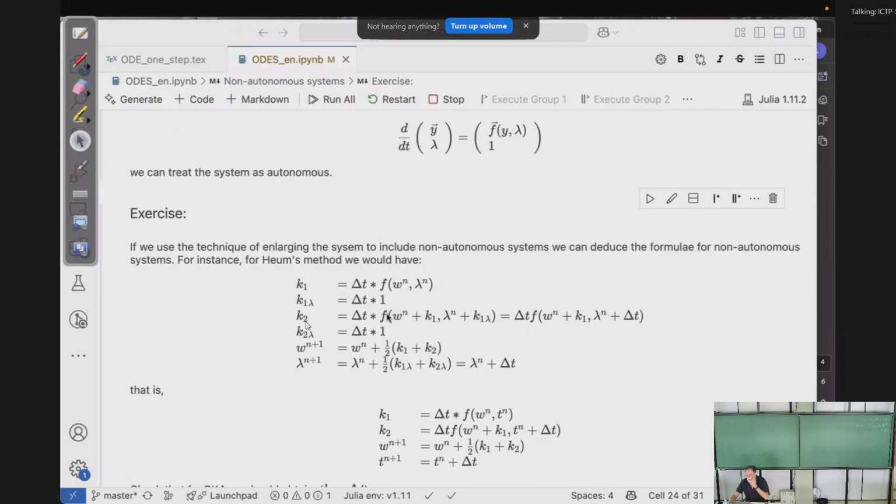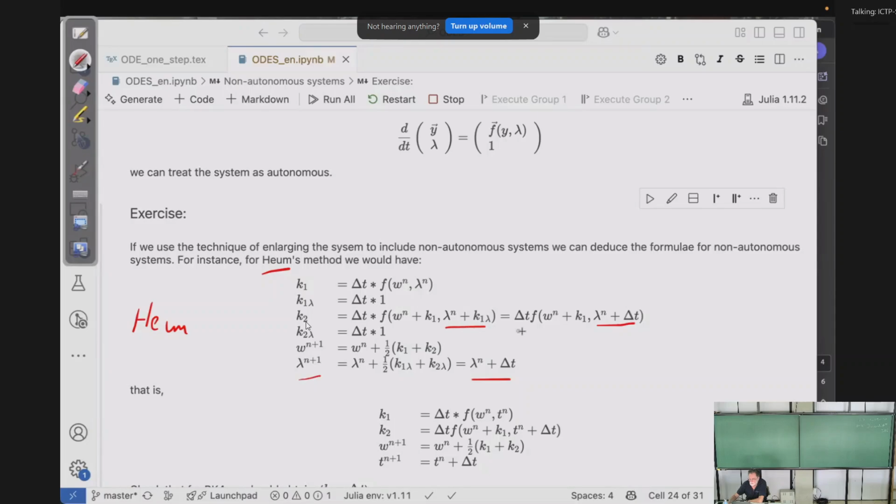This is for the Heun, I think. Yeah, this is for Heun. And so you see the lambda n plus 1, as it should be, is just lambda n plus delta t. And the W is like that, and the way the time enters is this way here.